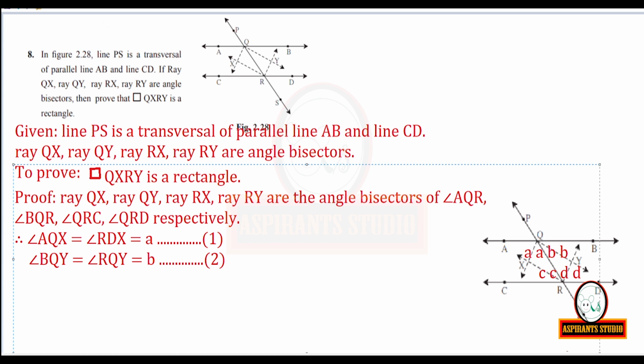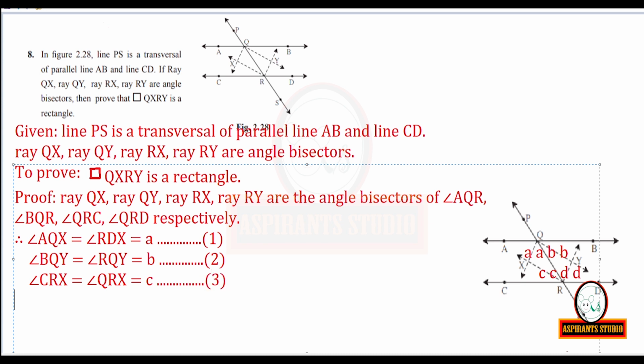Ray RX is the angle bisector of angle QRC. So measure of angle CRX is equal to measure of angle QRX. We are taking that value to be equal to C. Take it to be the third equation.